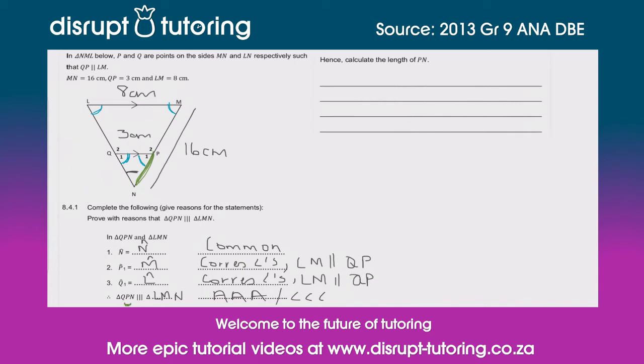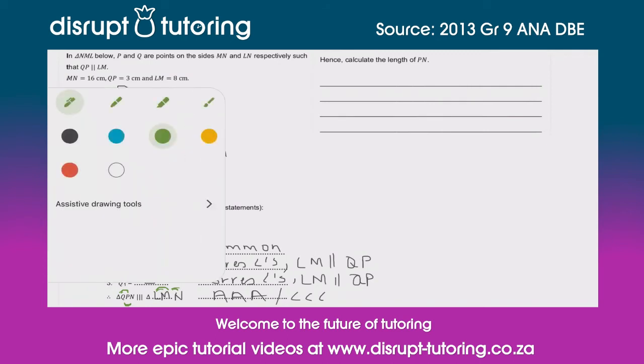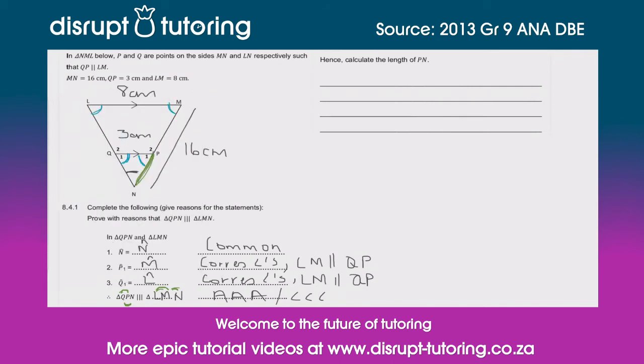What other lines do we have? Well, we've got LM, which is 8. So I'm going to put a little marker over LM. We've got QP, which is this one over there. And we've got MN, which is this one over here. Okay, so let's put that now into a single mathematical statement that is going to be useful for us in order to solve PN. So we know because our triangles are similar, there's going to be a constant ratio between the corresponding sides.